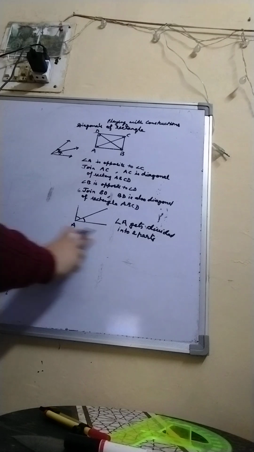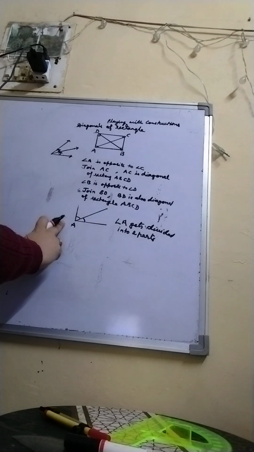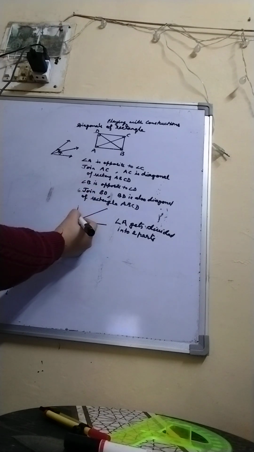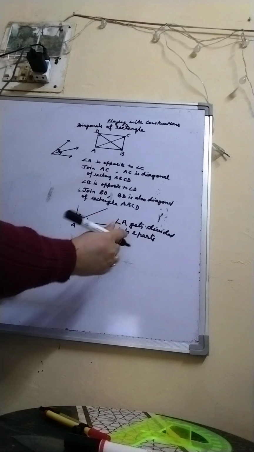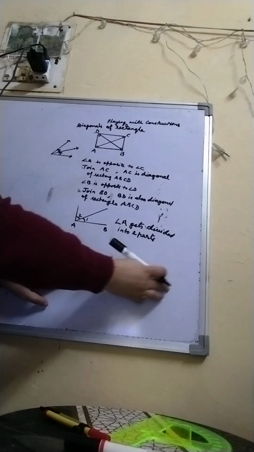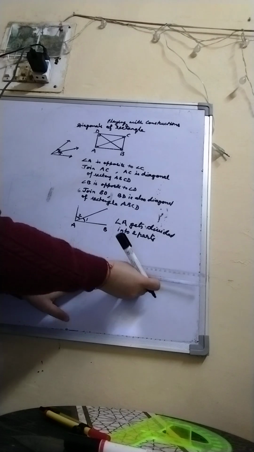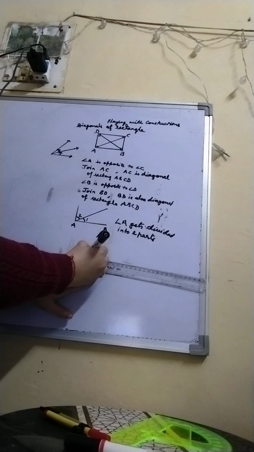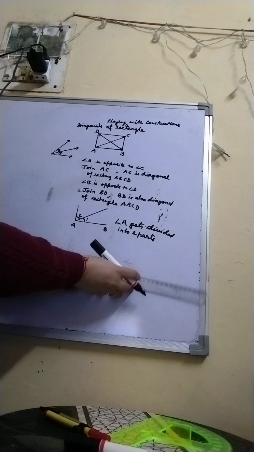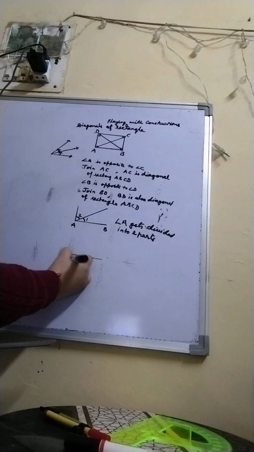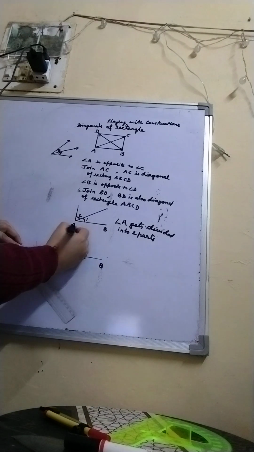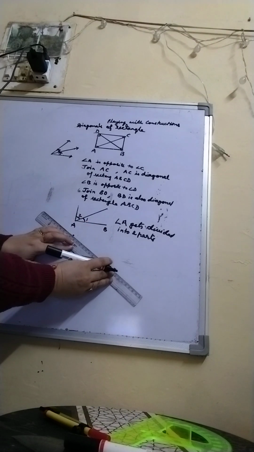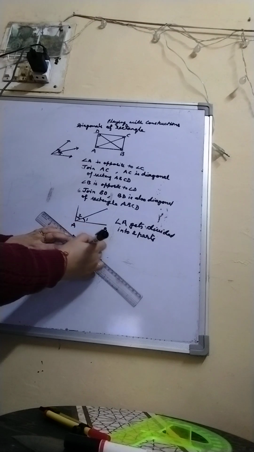Similarly, in a rectangle also, the diagonal divides the angle or the corner into two parts. This is angle 1, this is angle 2. Similarly, if I take AB again, and I join the BD diagonal instead of AC.